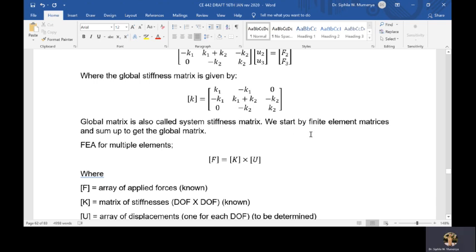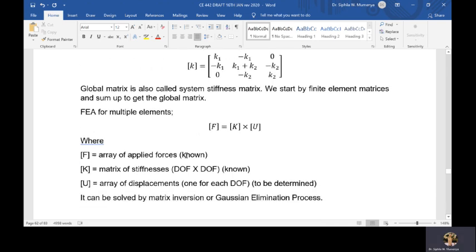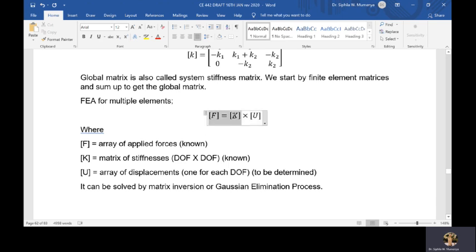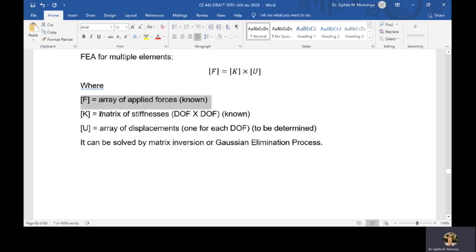So in summary, we start with the finite element matrices and then sum them up to get the global matrix. So the finite element analysis for multiple elements can be summarized as F is equal to the product of K times U, where F is the array of applied forces which are known. We already know the externally applied loads. K is the matrix of stiffnesses.